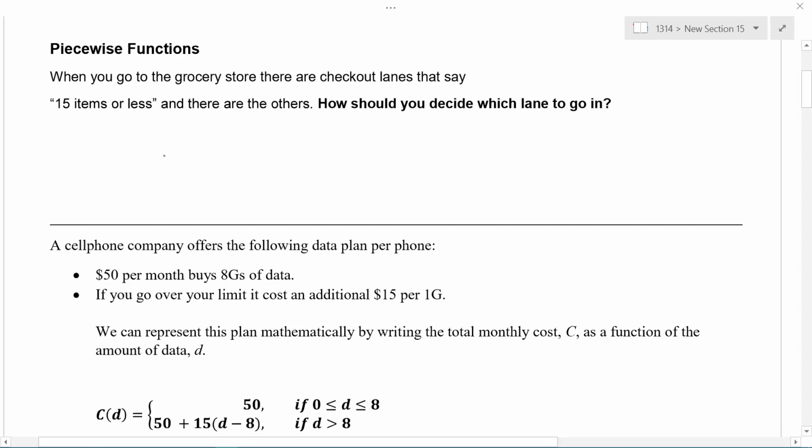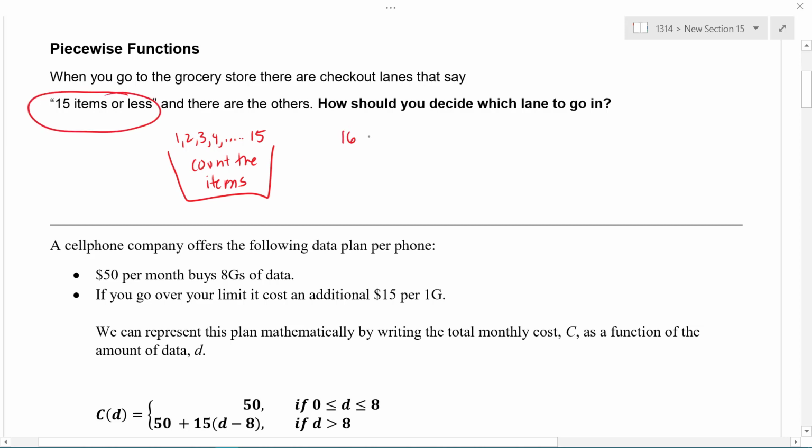Well, you look in your grocery cart and you count the items, right? So first you count the items and you decide if you have maybe 1 or 2 or 3 or 4, all the way up to exactly 15, then you can go into that lane that says 15 items or less.